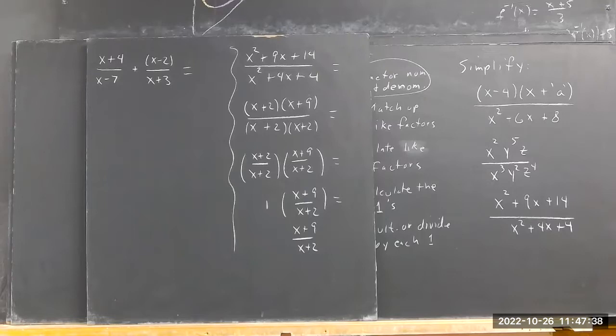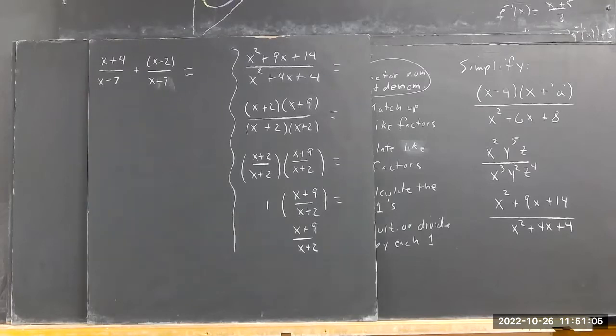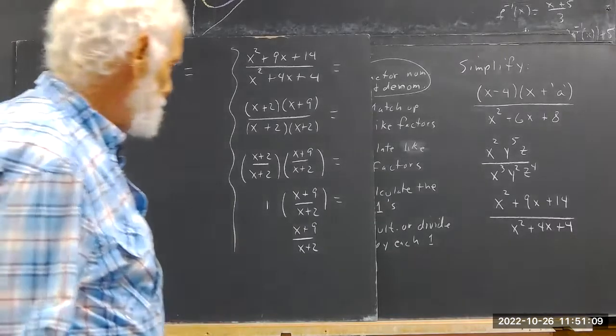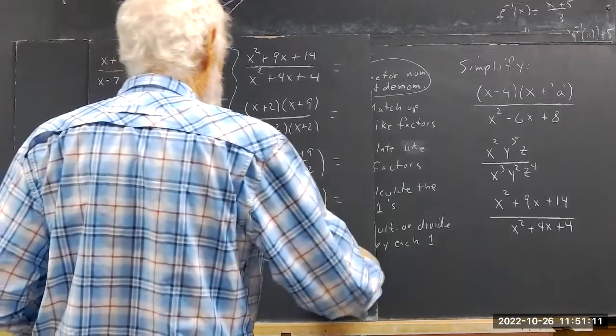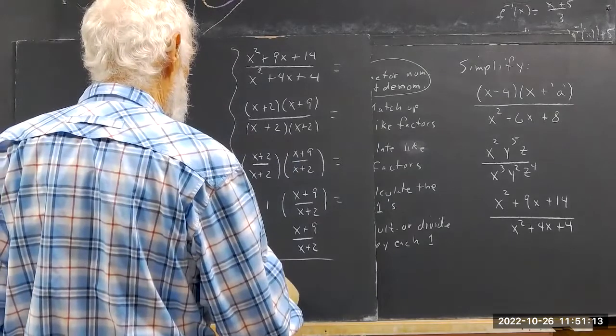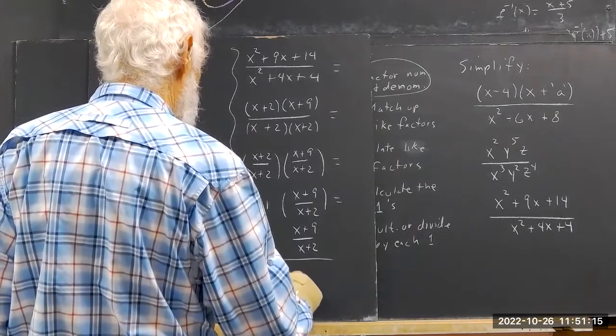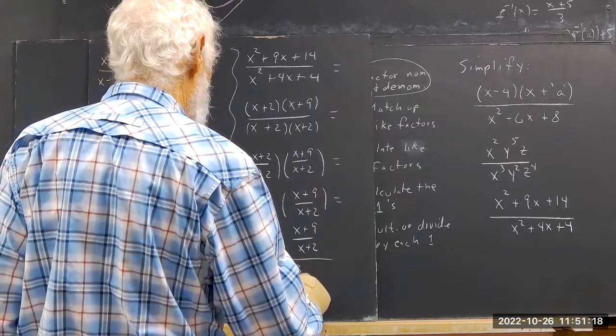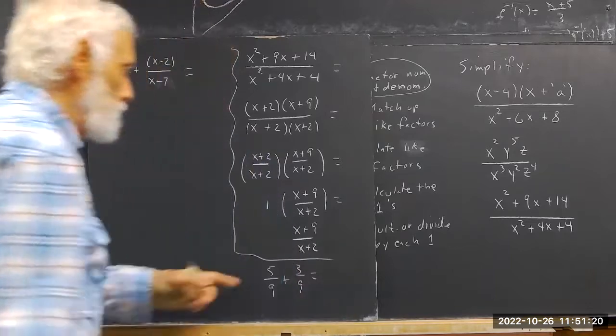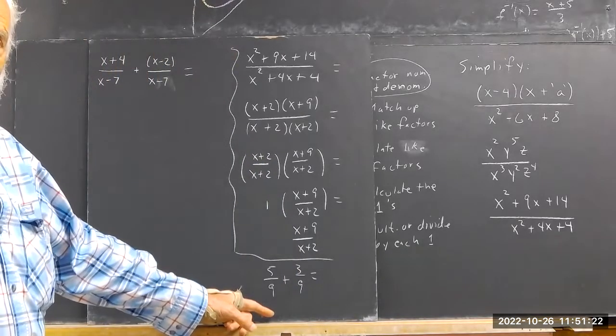What are you going to do with that? What do you do when you have 2 fractions? How do you add them? What is 5 9s plus 3 9s?